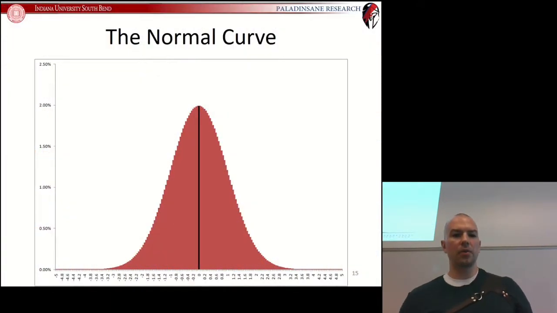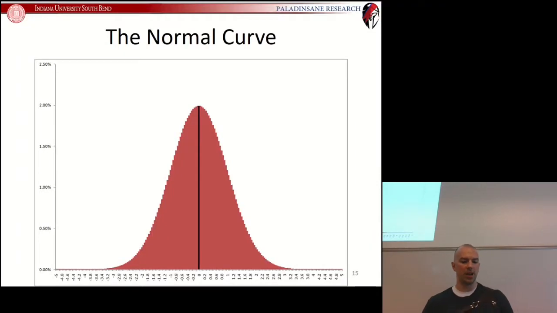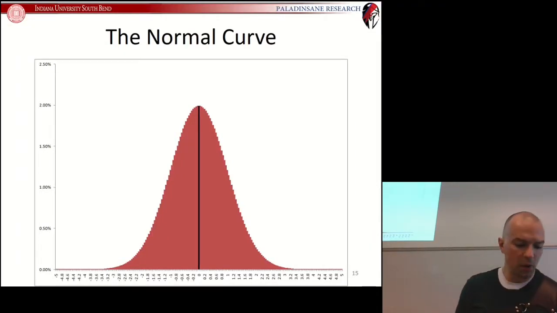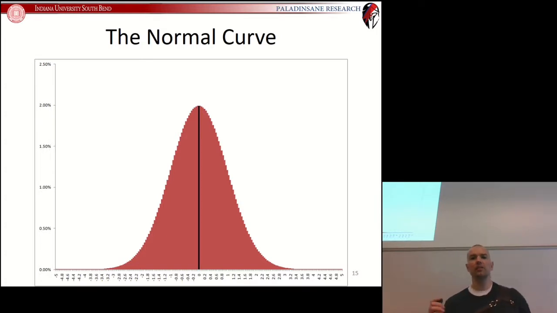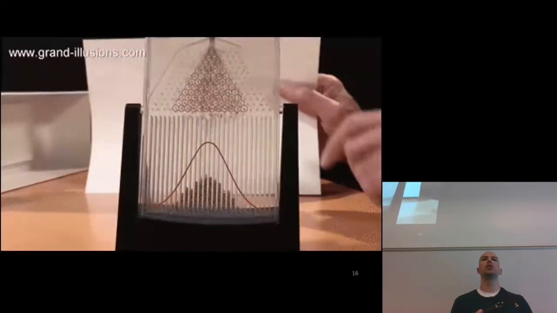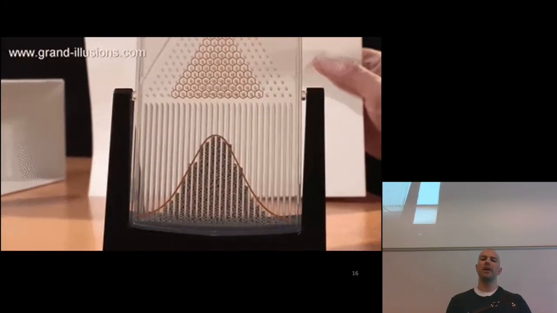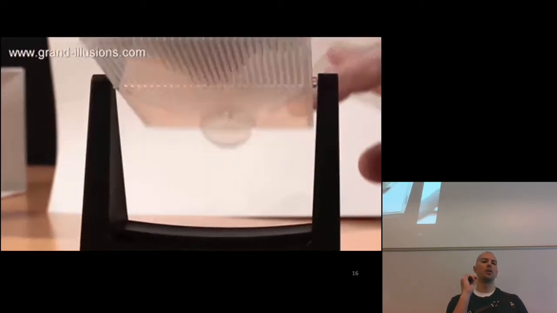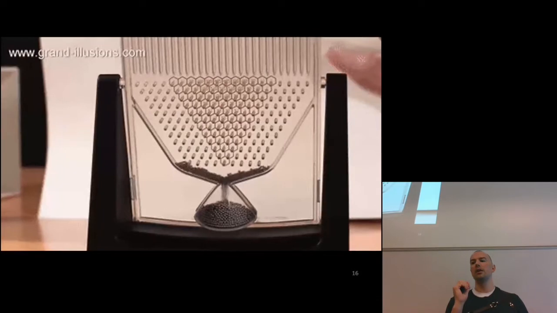All right, so today we're going to revisit the normal curve, the normal distribution. And as we saw last time, this curve often happens when a number of different factors determine your score on a particular measure.